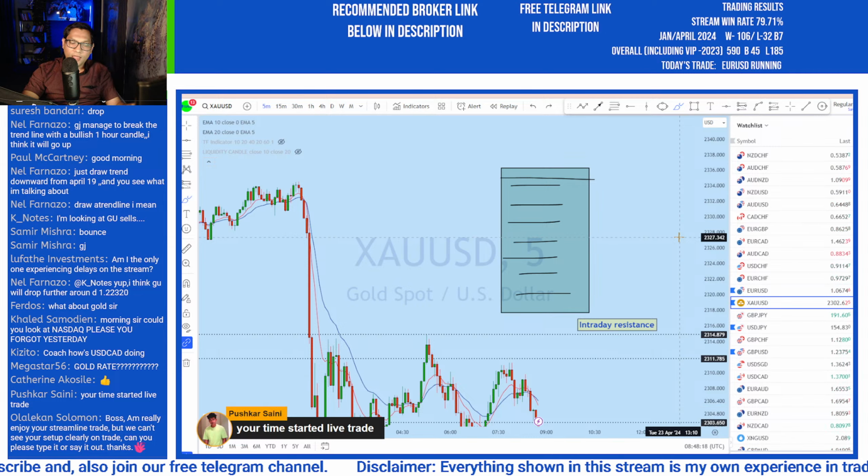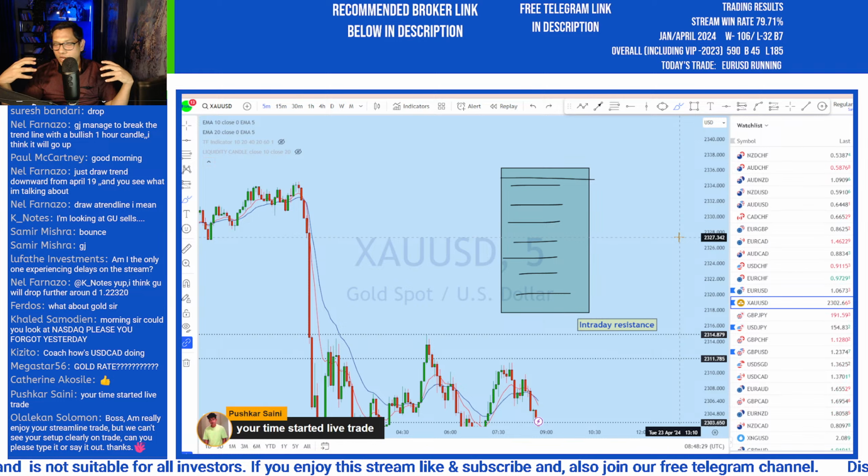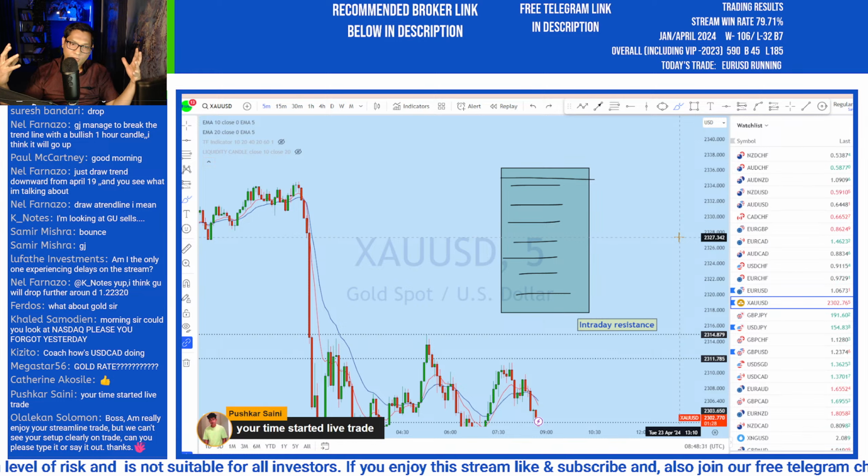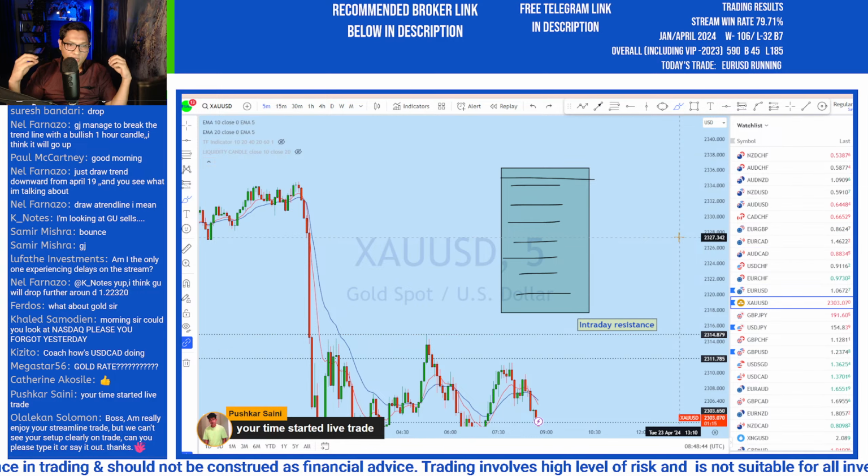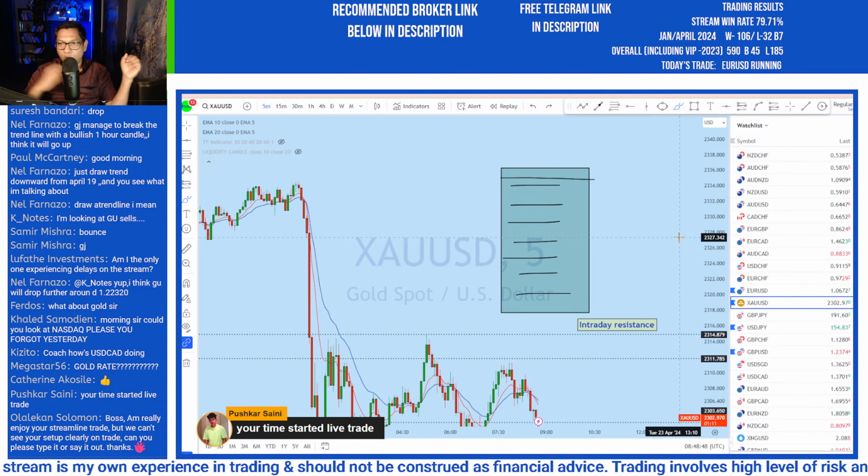Our brain operates, we think that we are rational, but mostly we are dominated by the midbrain, or the emotional brain. So what the brain does is look for the reward. Let's say you open a trade and you get a profit, and then you open another trade and it hits the profit target.